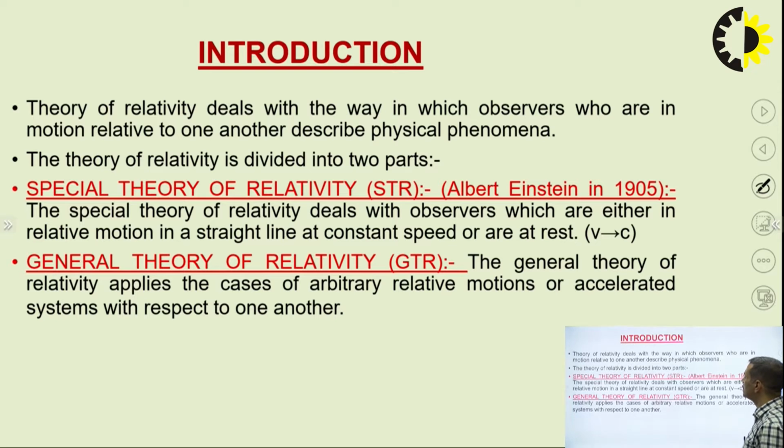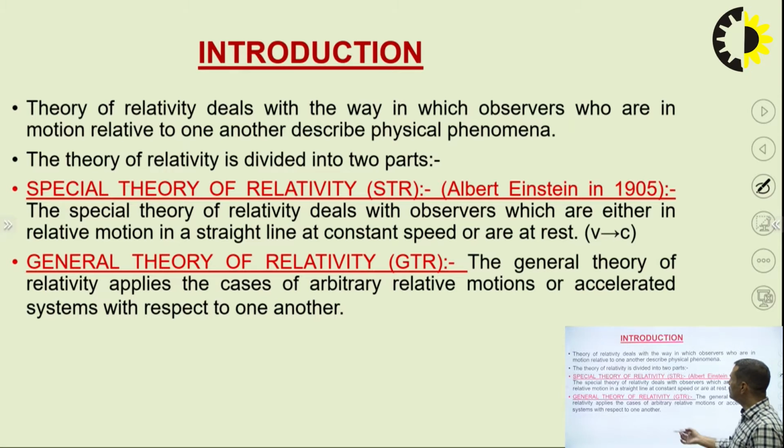This theory can be divided into two categories. The special theory of relativity, in short STR, was proposed by Einstein, so this is also known as Einstein's theory of relativistic mechanics. Here we deal with the relative motion between object and observer.